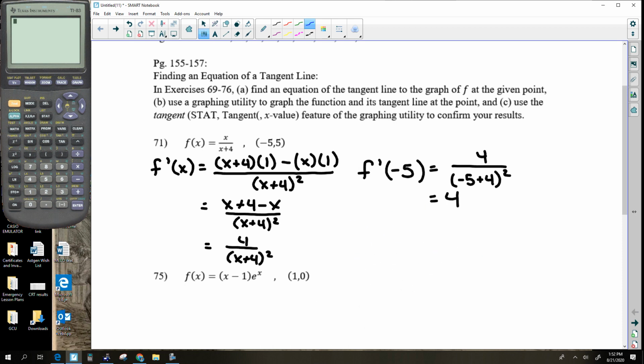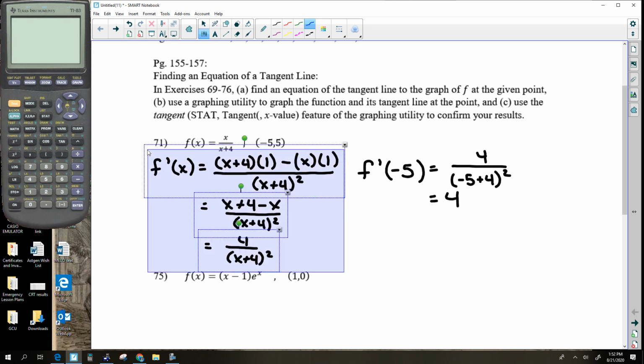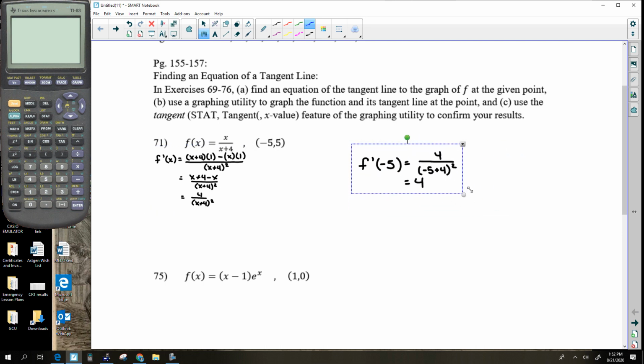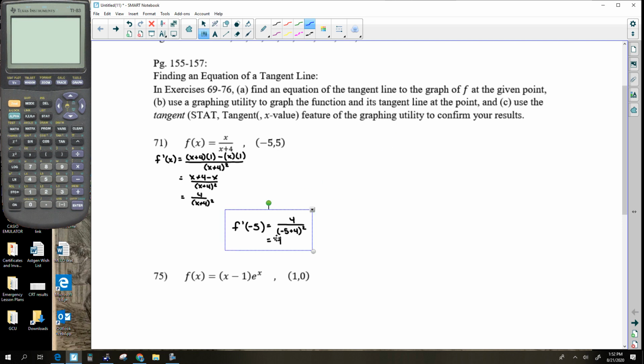So let me minimize this, give myself a little bit more working room here. I took the derivative, and then I used that derivative to find the slope at that specific point of -5.